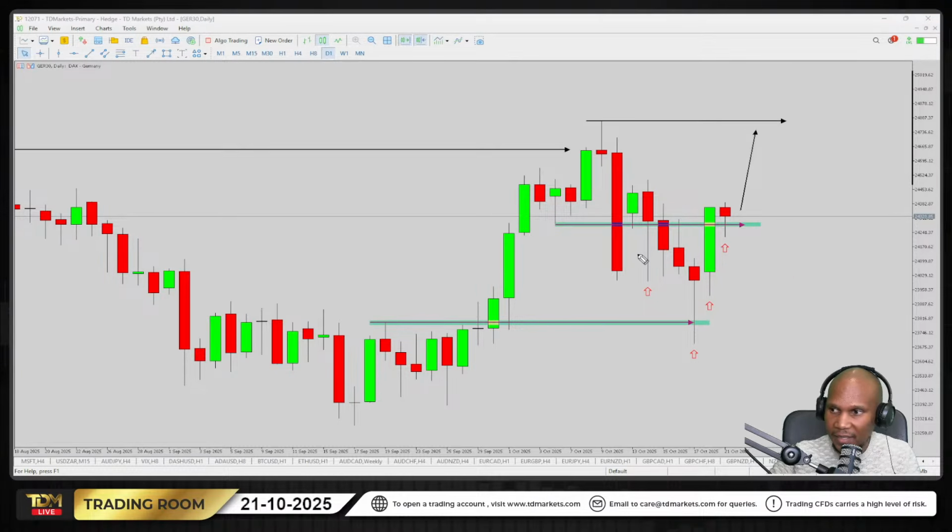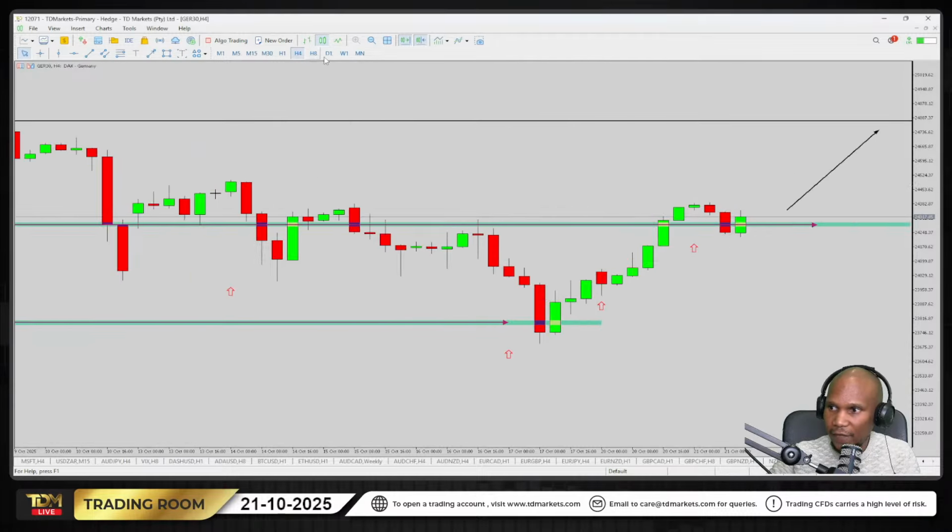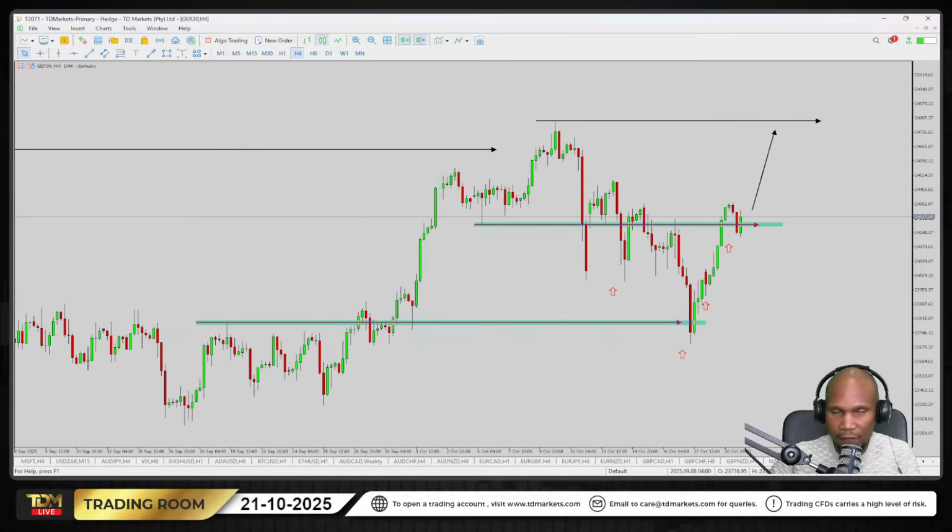Some of you might say it's a head and shoulders, which is okay. We just need this candle to close like this, and then we know that our focus is towards the upside. Candlestick language. On the lower time frames, you're going to see something like this. Many people might say it's a head and shoulders. There's nothing wrong with that.